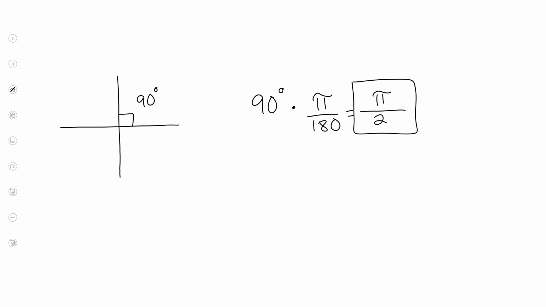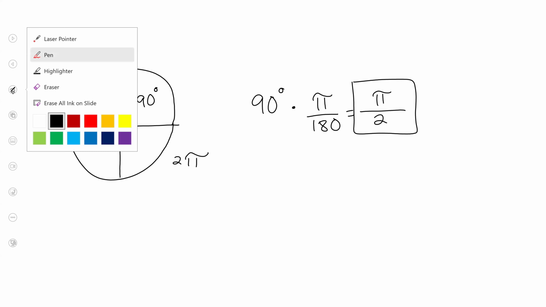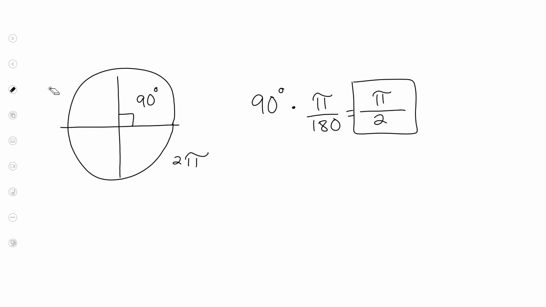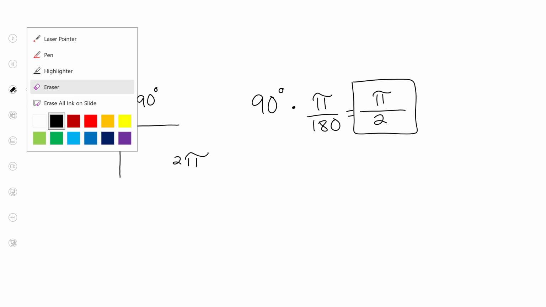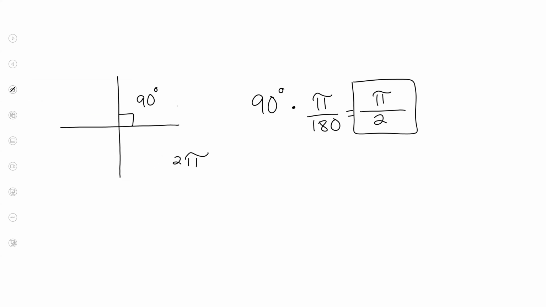And it makes sense because let me show you. From here all the way around is what? 2 pi. That means from here to here is just pi, right? And well, this is just half of that. That's pi over 2. Okay, so we went from degrees to radians.